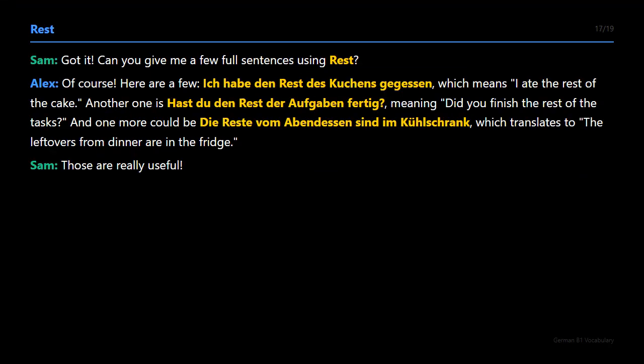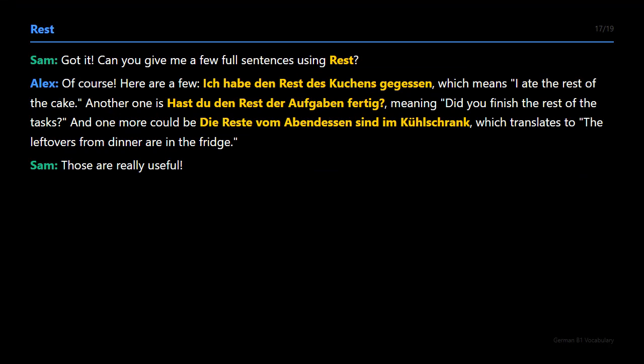Got it. Can you give me a few full sentences using Rest? Of course. Here are a few. Ich habe den Rest des Kuchens gegessen, which means I ate the rest of the cake.